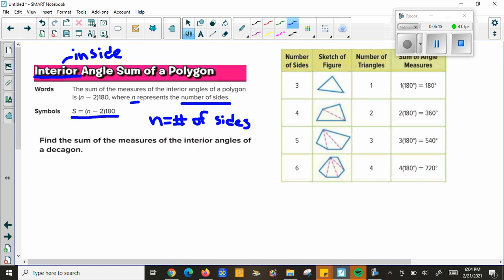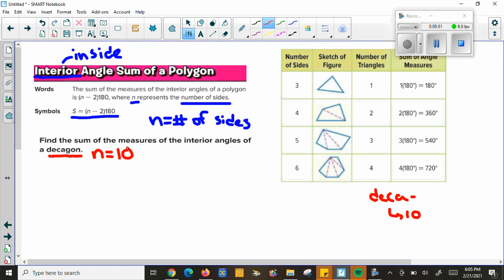Let's look at an example. Find the sum of the measures of the interior angles of a decagon. Deca is a prefix that means 10. So I am talking about a 10-sided shape.